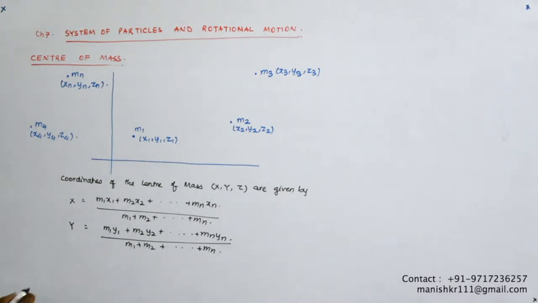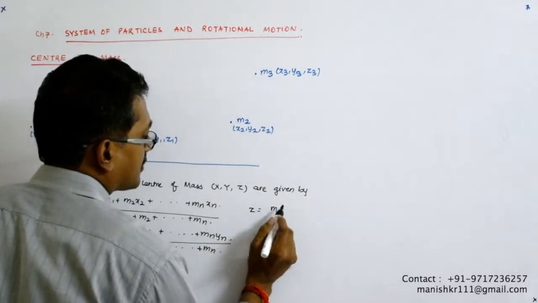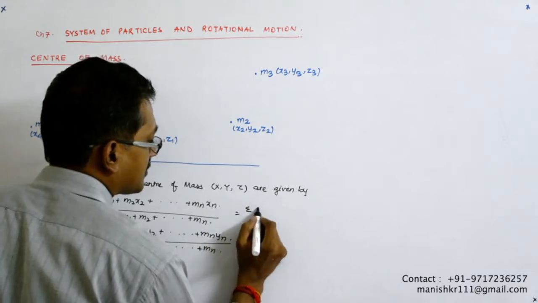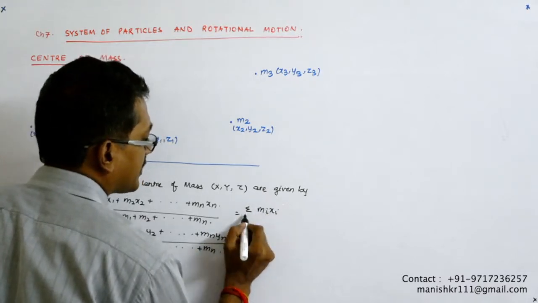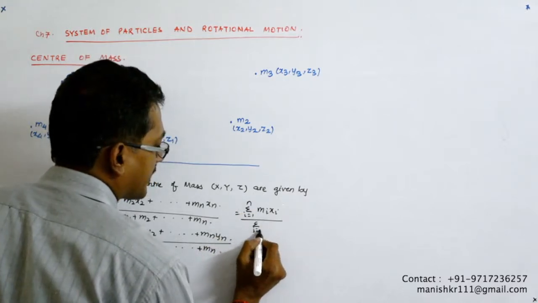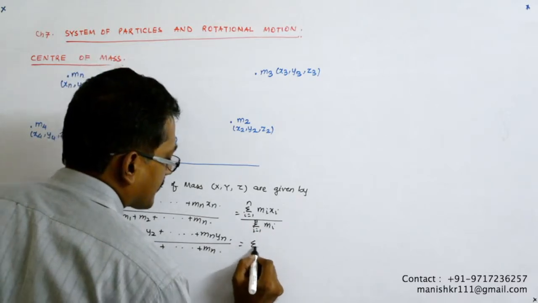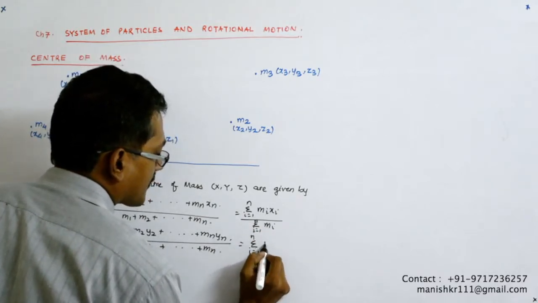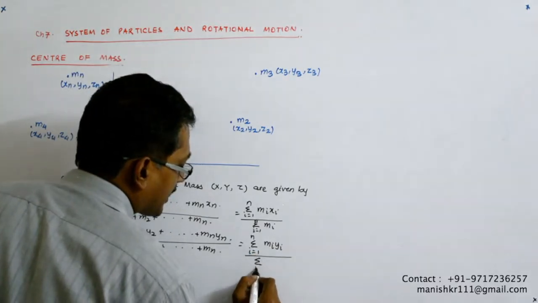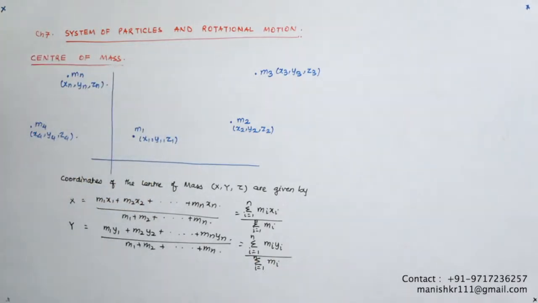okay. And obviously this was written as summation mi xi, i equal to 1 to n, divided by summation mi, and similarly summation mi yi divided by i equal to 1 to n summation mi.